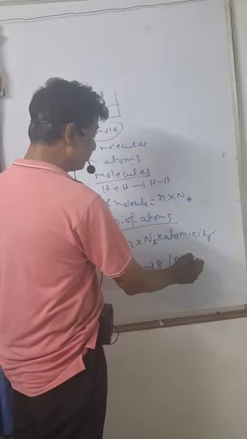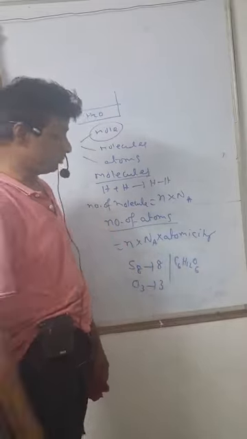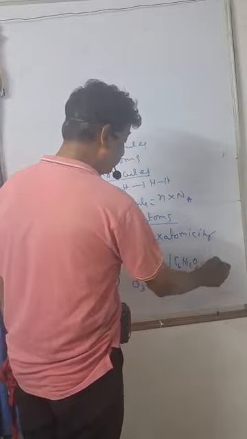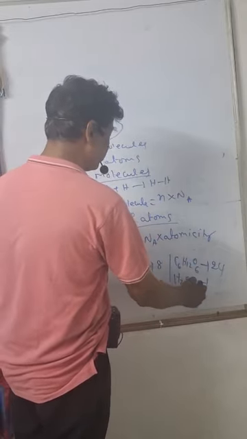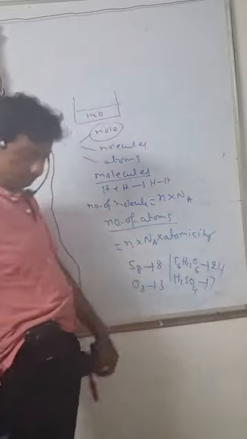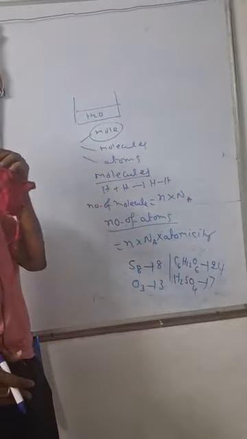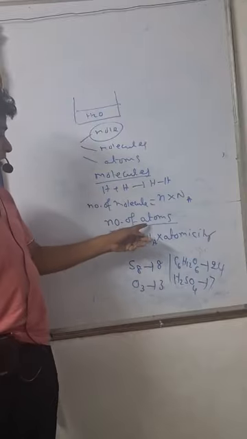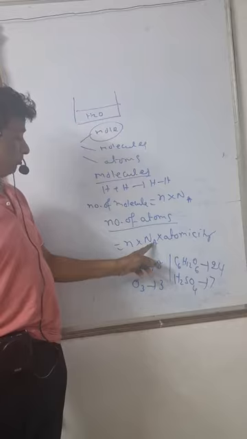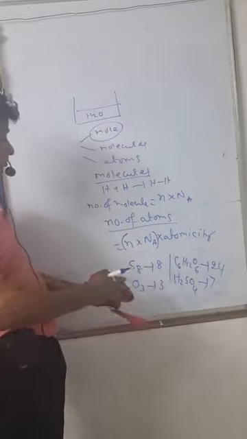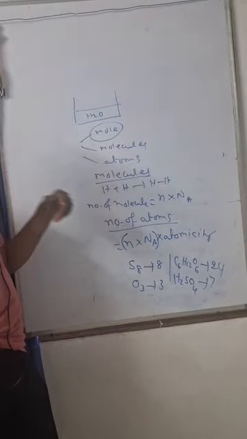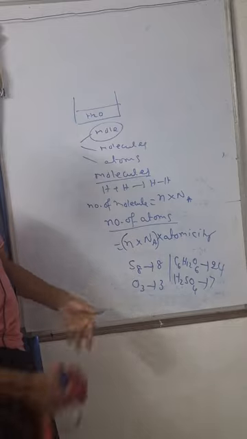Glucose, what is atomicity? 6 plus 6 plus 12, 24 is atomicity. H2SO4, 2 plus 4 plus 1, 7 is atomicity. How to find number of atoms? Small n into capital N into atomicity, that is number of molecules into atomicity. So, number of atoms.